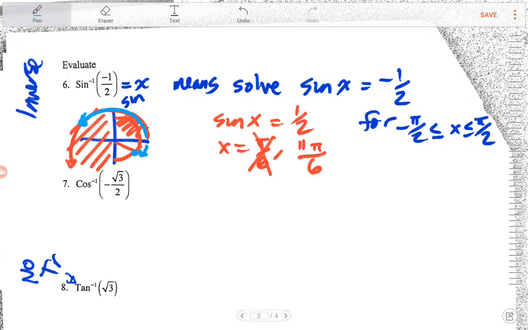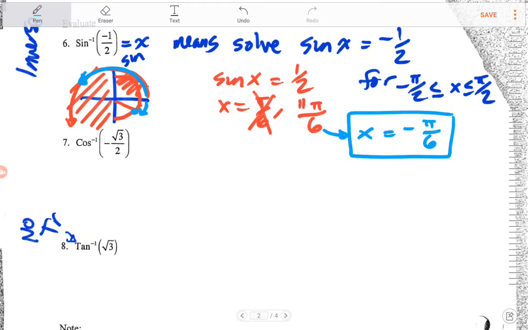So if we go backwards, that's how we're going to get 11 pi over 6. And the answer that is similar to 11 pi over 6 would then be, because we're backtracking, negative pi over 6. So that's going to be our answer, negative pi over 6. Notice how negative pi over 6 is still contained within our restricted domain, so this verifies that that is indeed our answer.